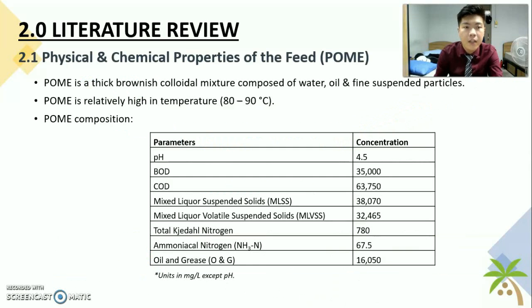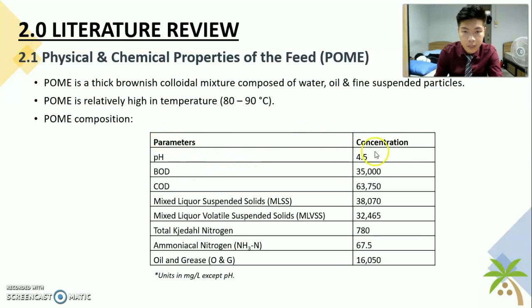So firstly, for the physical and chemical properties of the feed, which is the POME. The POME is a thick, brownish colloidal mixture, consists of water, oil, and fine suspended particles. POME is quite high in temperature, which is 80 to 90 degrees Celsius.